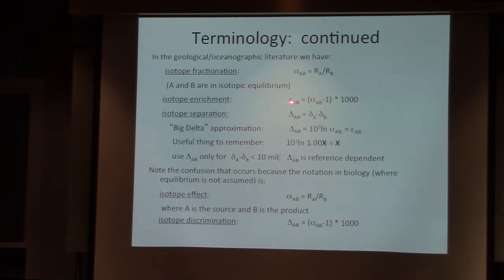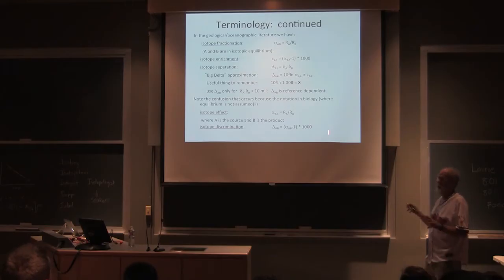So again, this is what that looks like. We call isotope separation, or big delta, if we just subtract these two isotope values. And we call that capital delta AB. And this is what geologists have. And this is because it turns out that 1,000 times natural log alpha, 1.00x, is about equal to x. And this is really handy.